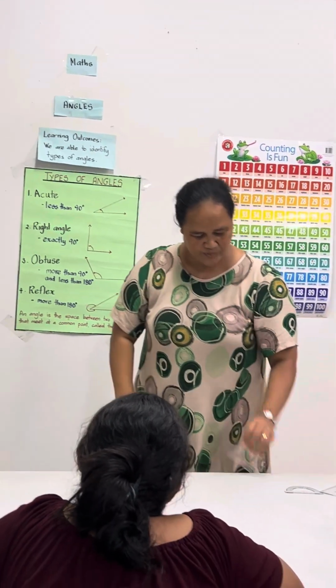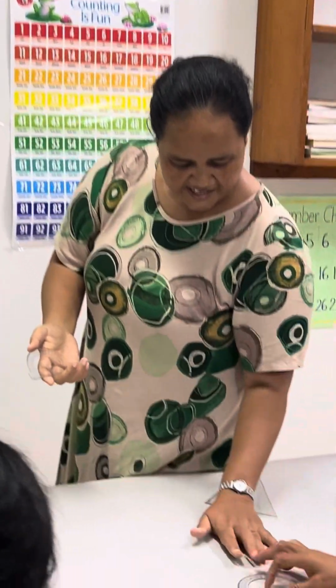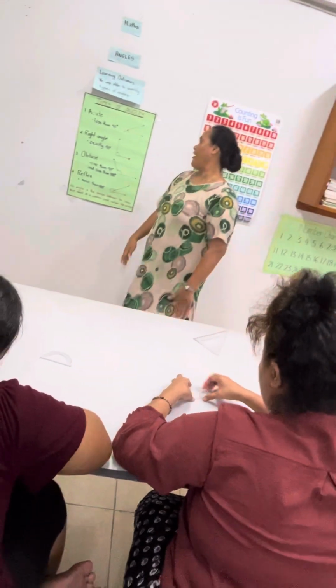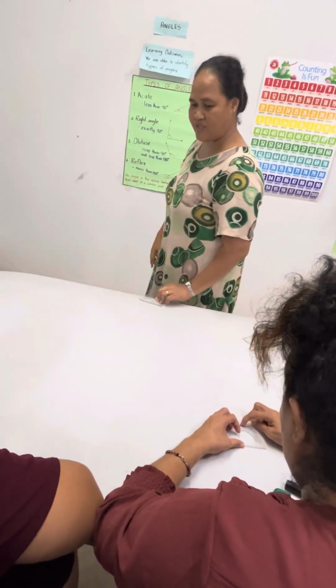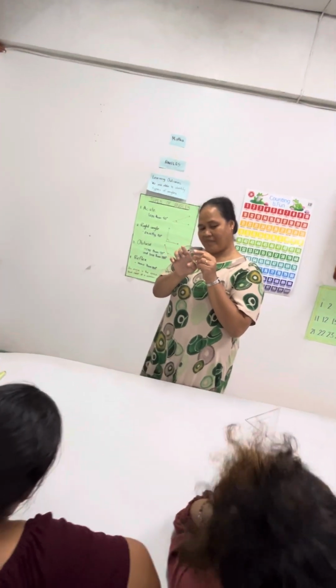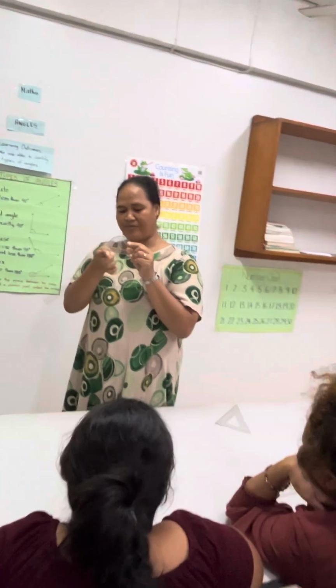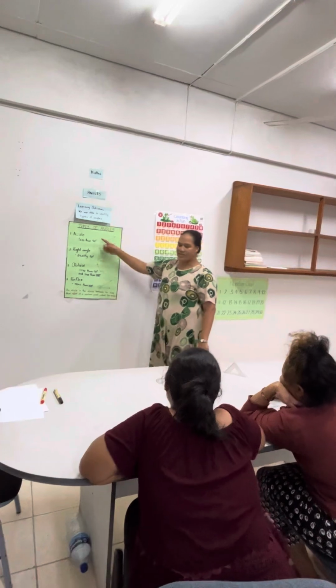When you look at the protractor, you can see where the 90 degrees is, and it says here it's less than 90 degrees. So the angle is called acute, less than 90 degrees, from here right up here.